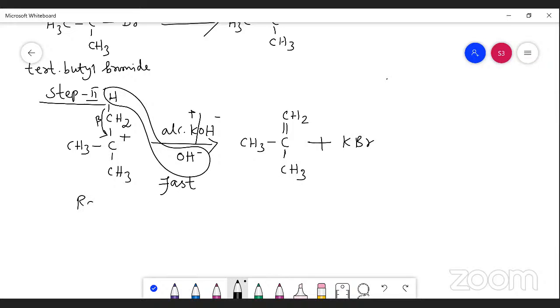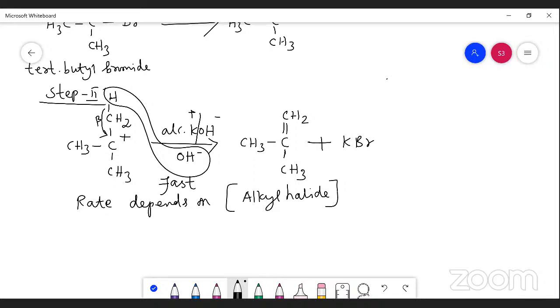So here the rate of the reaction depends on only the concentration of alkyl halide, not the second reactant potassium hydroxide, only alkyl halide.